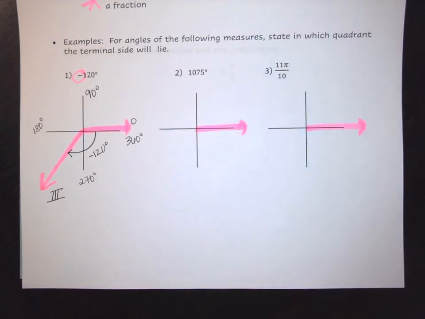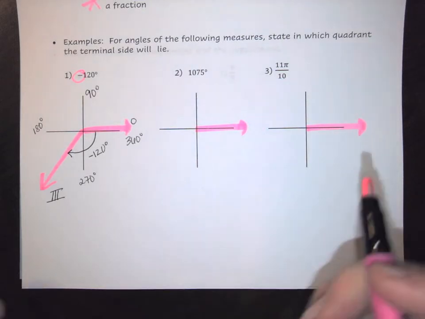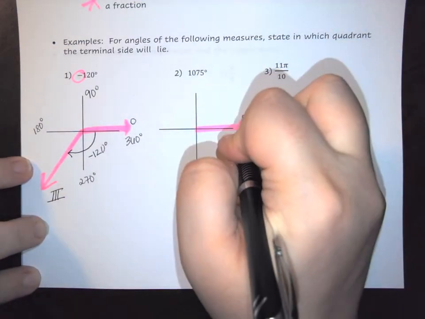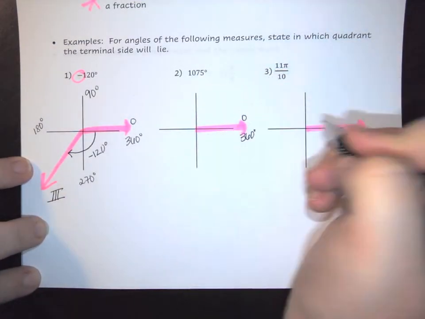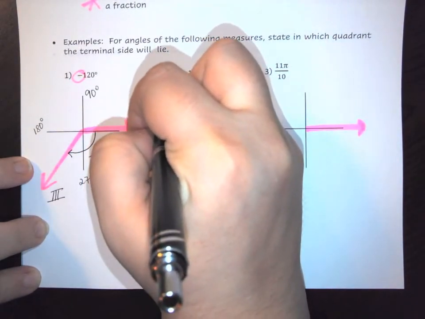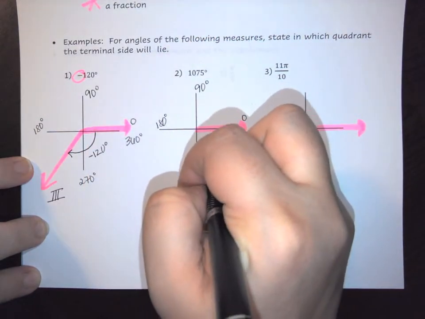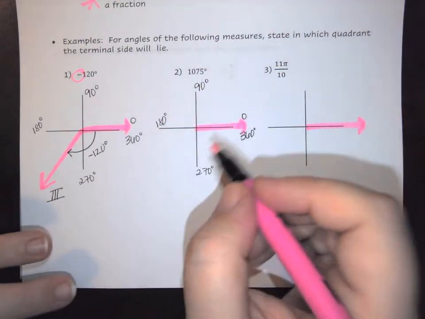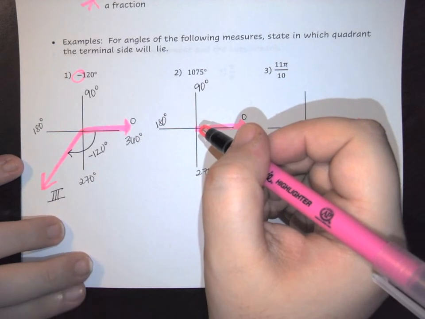Now here we have 1075 degrees. With that being a really big number, we need to recognize again that if we start at 0, we're going to end at 360. Again, this is 90, 180, 270.